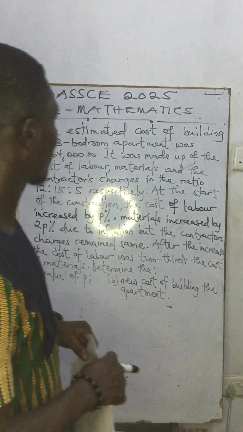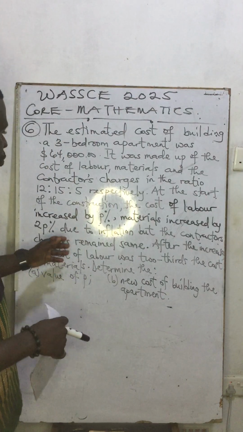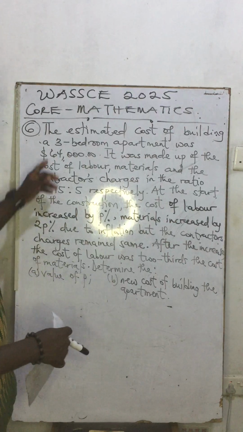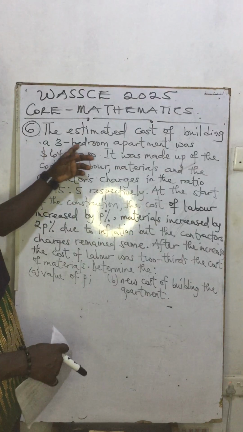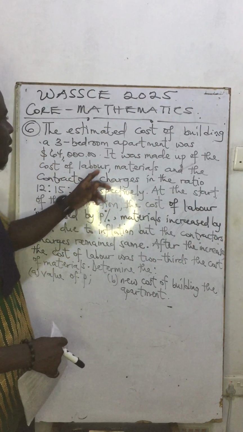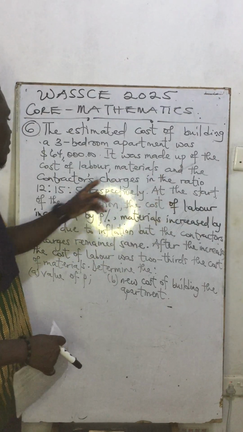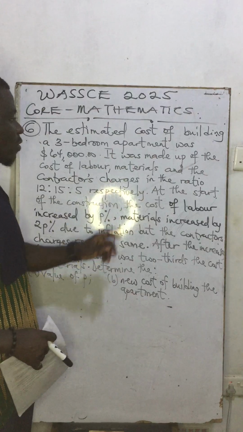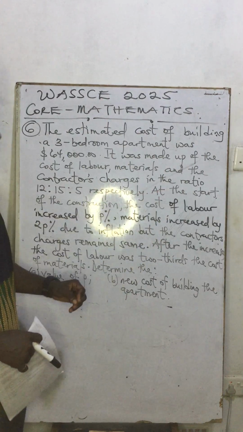Question 6, and this is combining ratio and proportion with percentages. The estimated cost of building a 3-bedroom apartment was $64,000. It was made up of the cost of labor, materials, and the contractor's charges in the ratio 12:15:5 respectively.